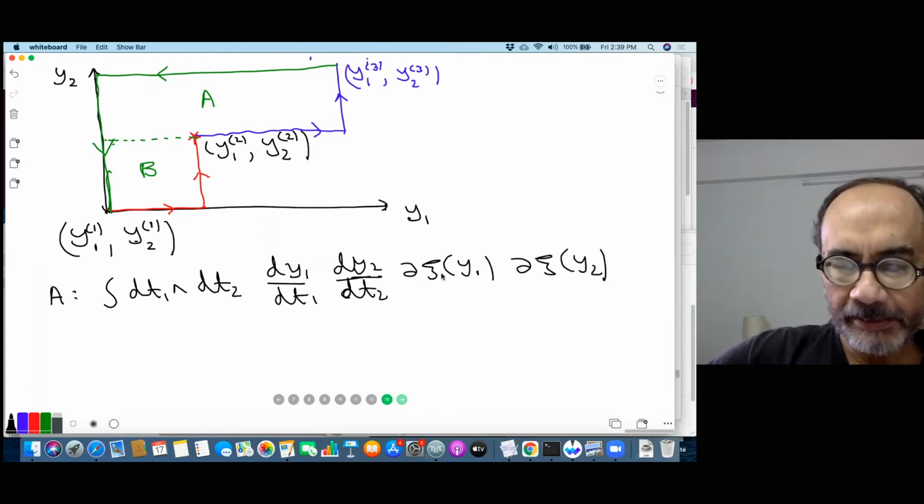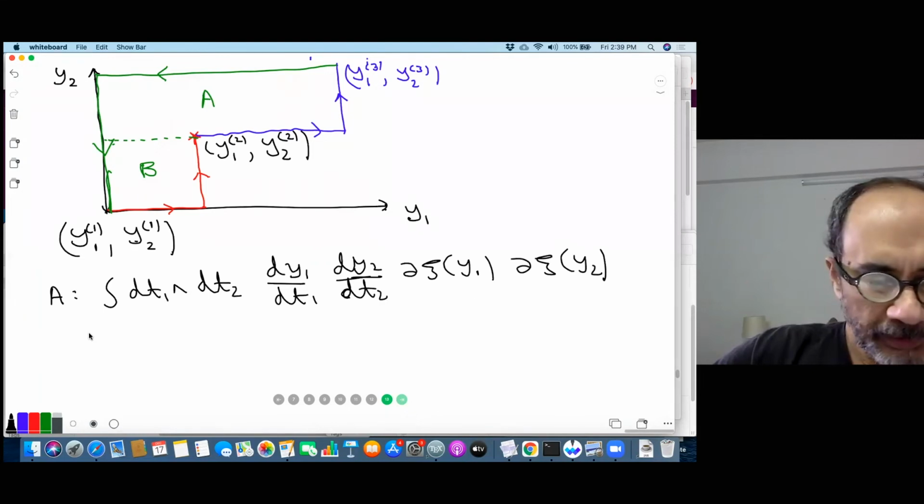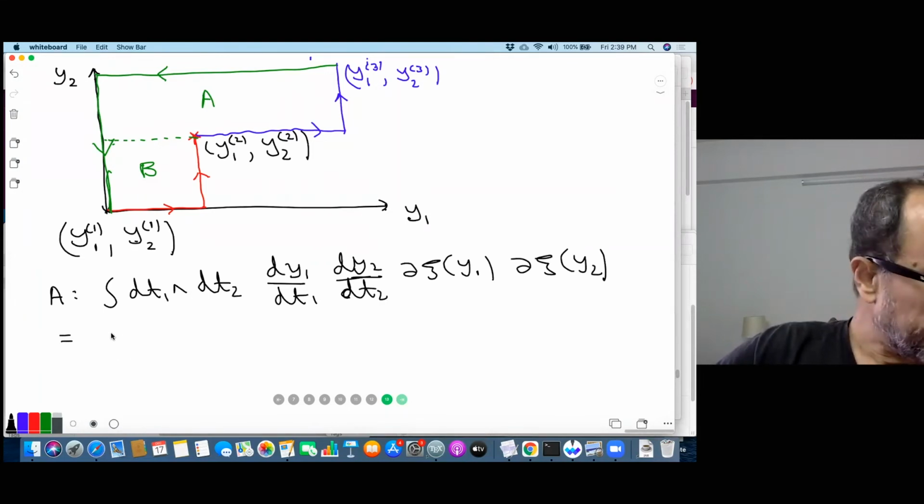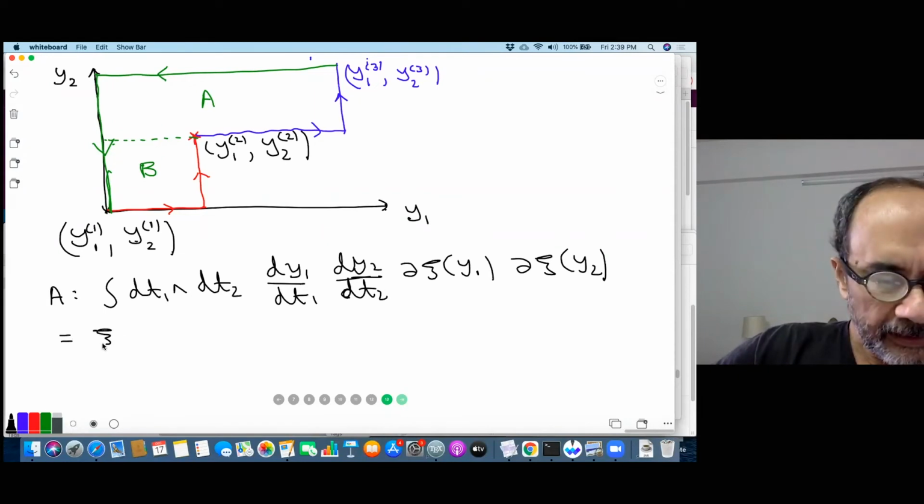This is just d/dt1 of xi of y1 and this is d/dt2 of xi of y2. So this integral can be done, and you can easily see that this will be given by xi of y1.